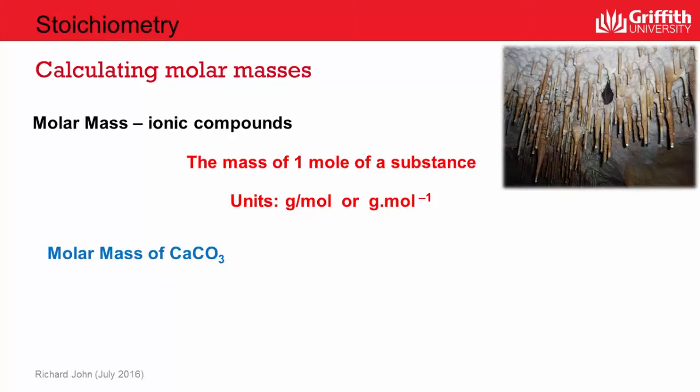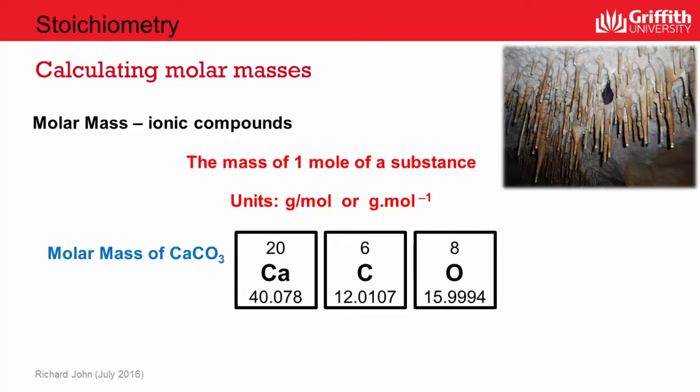So the ionic compound calcium carbonate contains calcium, carbon and oxygen, so we would need to go to the periodic table to get information on those 3 elements. We know that the formula unit for calcium carbonate contains 1 calcium atom, 1 carbon atom and 3 oxygen atoms, and we would sum the molar masses of those atoms.